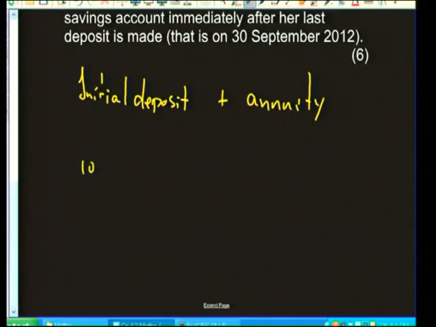So the initial deposit was 1,000 Rand, and that was 15% per annum. Divide by 12 because it's compounded monthly, and it's for 18 months. Now, this is where you've got to be wide awake. It's going in for 18 months, not 18 years. Monthly is our compounding period. We okay with that?